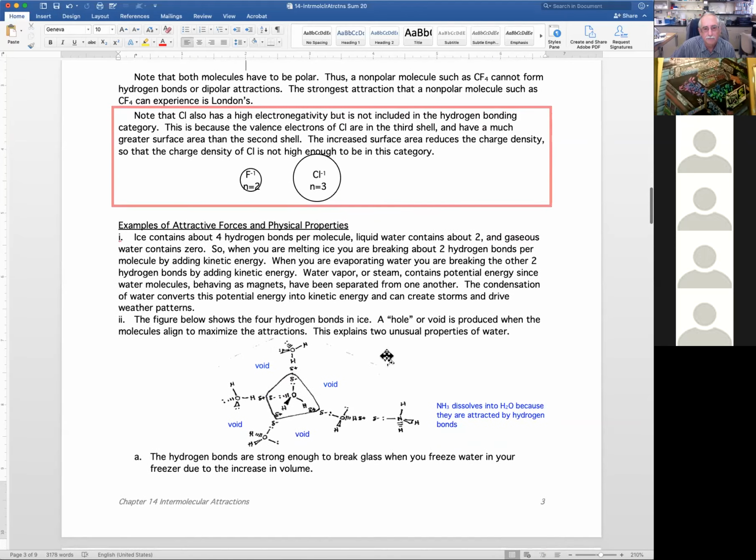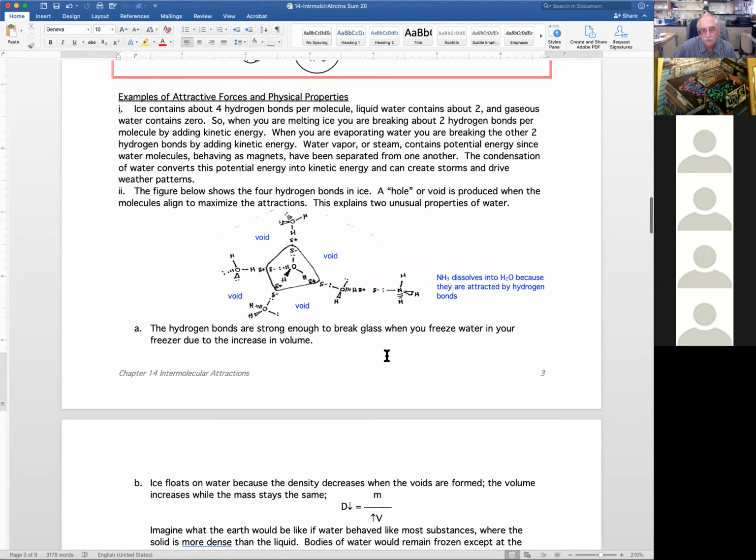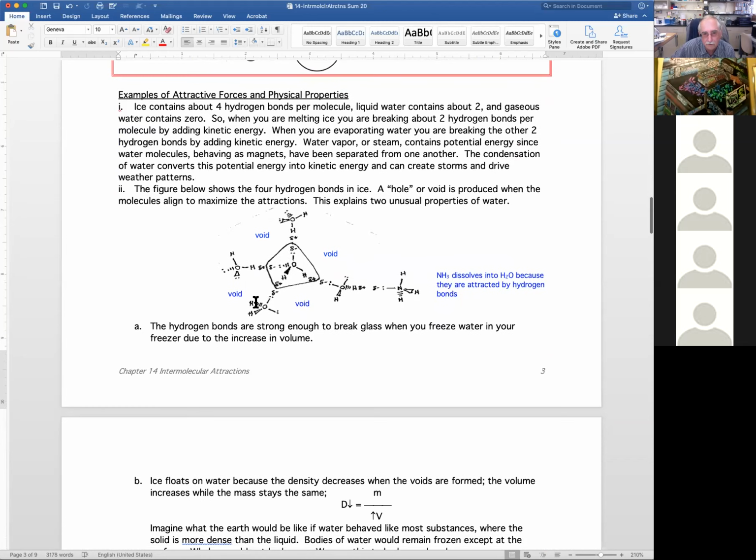So here are some examples of attractive forces and physical properties. Water. So ice, water molecules in ice have about, on average, 4 hydrogen bonds, 4 attractive forces. So here's 1, 2, 3, 4. And what that does is it leaves these voids in here. Remember how we talked about that before?